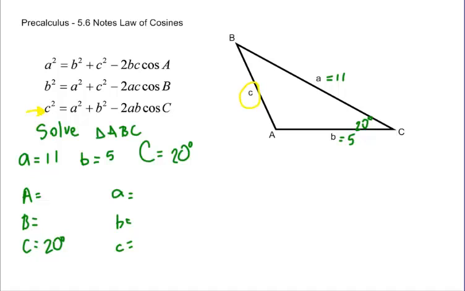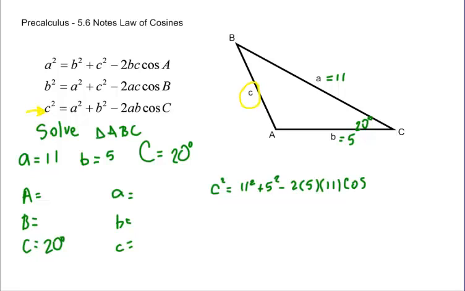So C squared equals A squared, 11 squared, plus B squared, 5 squared, minus 2 times A times B. Order doesn't matter too much when you multiply, they're commutative. Times the cosine of 20 degrees.